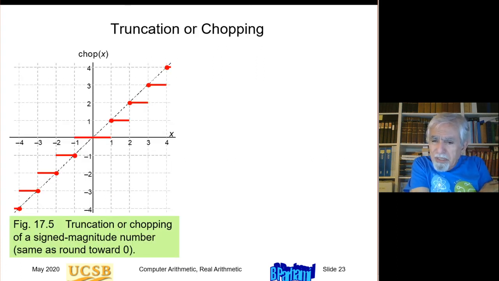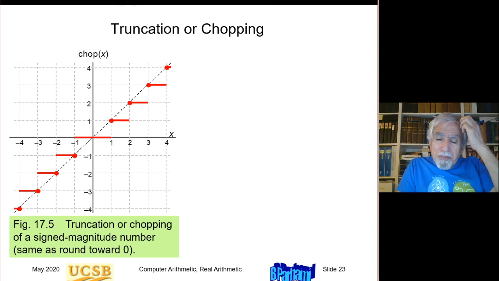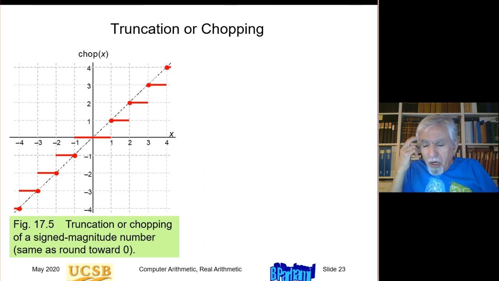So I have a sequence of diagrams that sort of graphically depict these various rounding schemes that we will discuss. Truncation or chopping is represented by this diagram. What you see on this diagram is the value of x on the horizontal axis and chop of x, basically the truncated version of x.